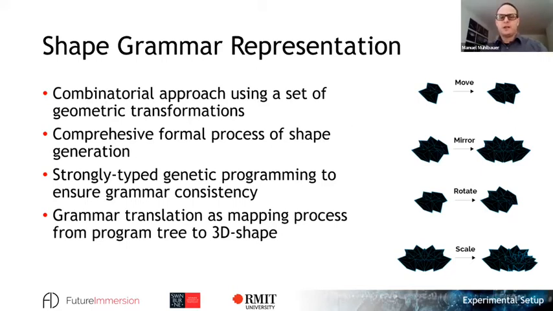We use strongly typed genetic programming to ensure the grammar consistency, which is important in this case, but even more important when bringing into consideration spatial and functional thoughts. Grammar translation was then used as the mapping process from genetic programming trees to 3D shapes.